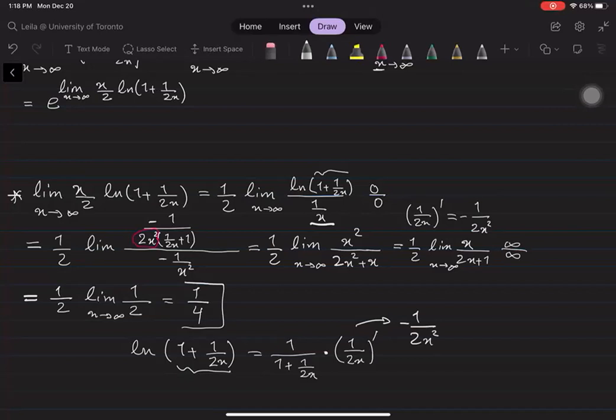Does this make sense so far? For this part? No, because it's basically 1 over 2 times the derivative of 1 over x, and the derivative of 1 over x is negative 1 over x squared. Why would it be 4?